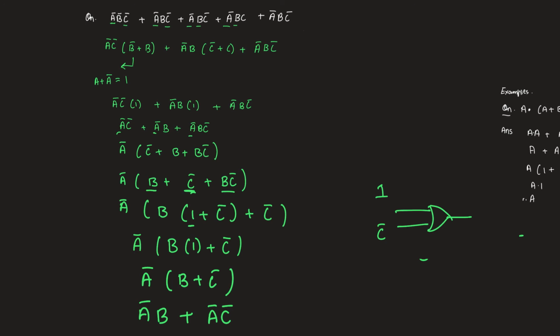Now let's take another question. This is pretty interesting because it's another way of proving the distributive law. So our distributive law was a plus b dot c is equal to a plus b and a plus c. Alright, so now let's expand these brackets.